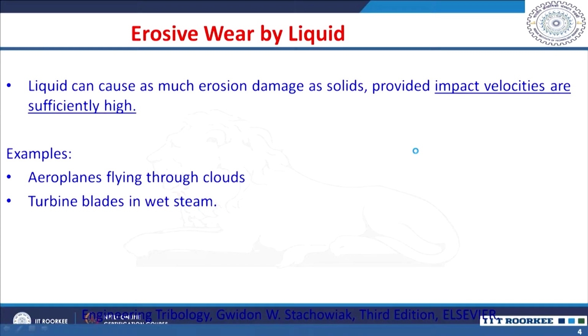Erosion by a liquid is as dangerous as by solid particles, provided the impact velocities are sufficiently high. For example, aeroplanes flying through clouds or turbine blades in wet steam conditions can suffer this erosive wear.